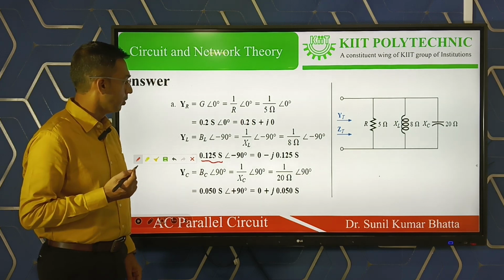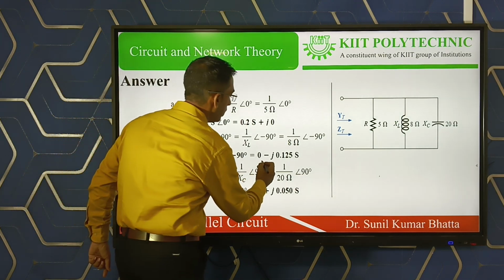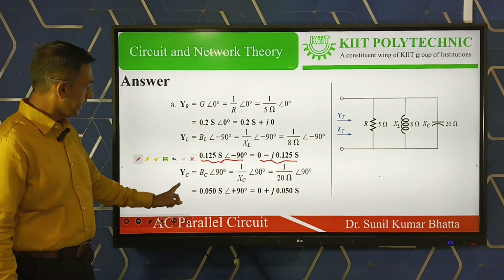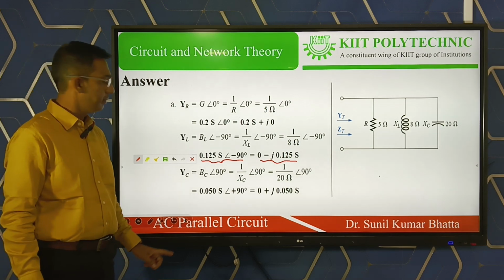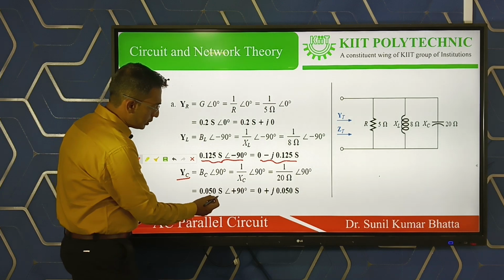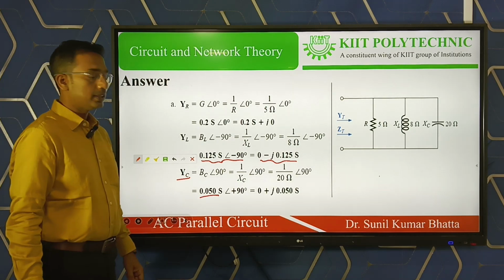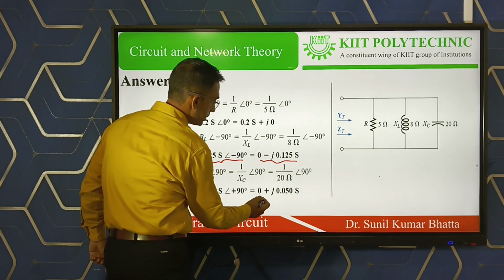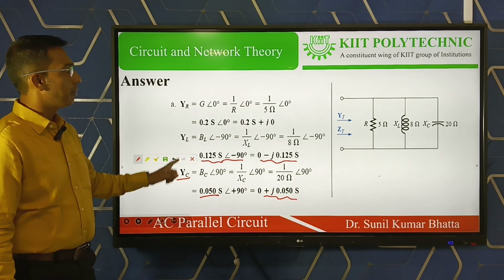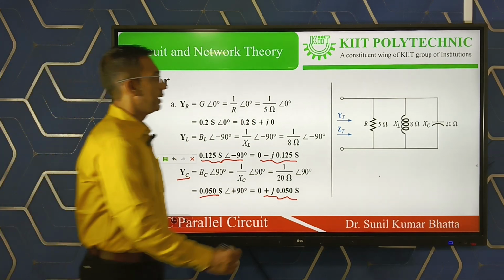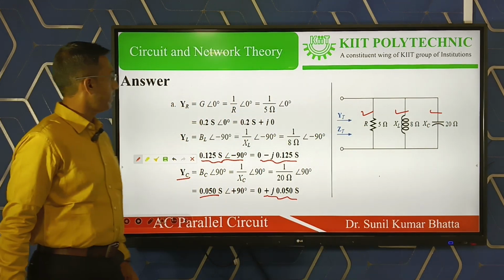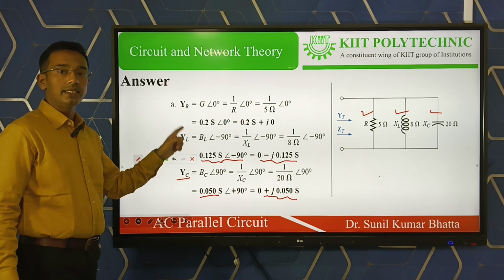Both the rectangular and polar forms are written here. For the capacitive reactance branch, YC is 0.050 S in magnitude, and in rectangular form 0 plus J0.050 Siemens. So the admittance is calculated for each individual branch: the resistance, the inductive reactance and the capacitive reactance.